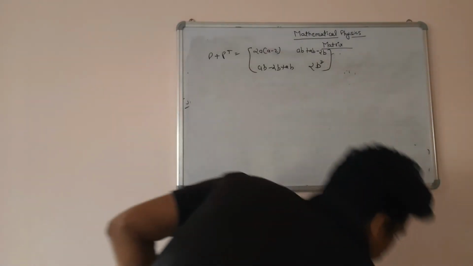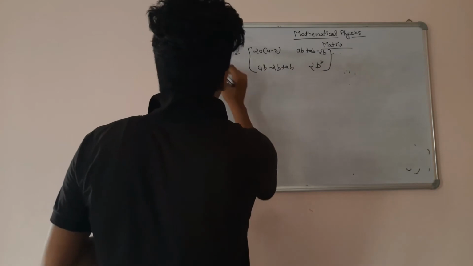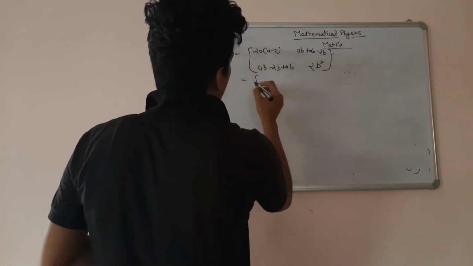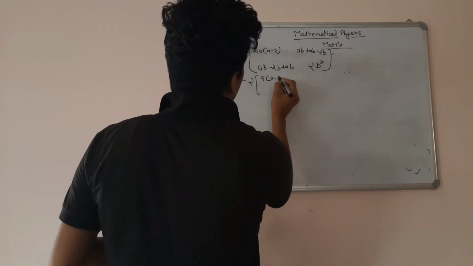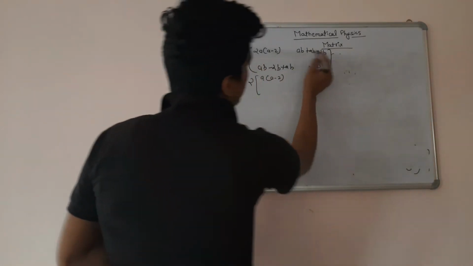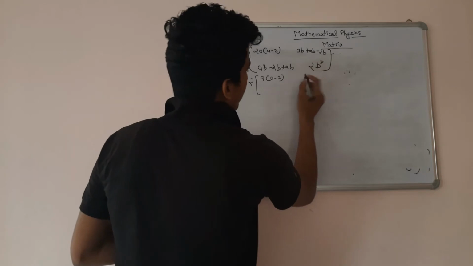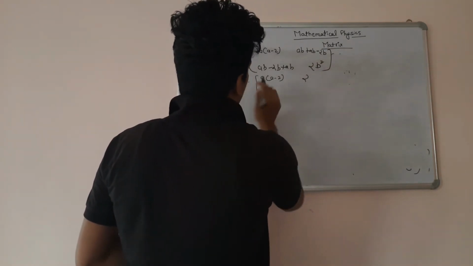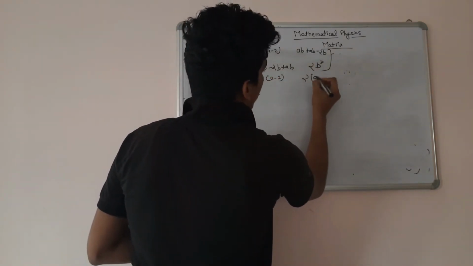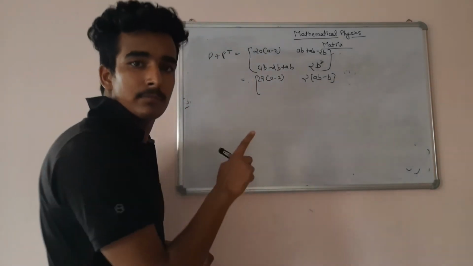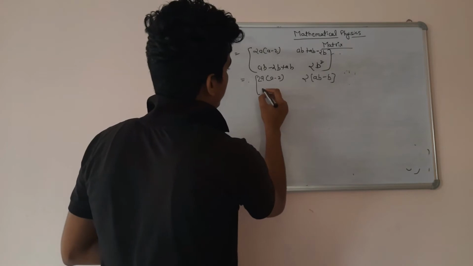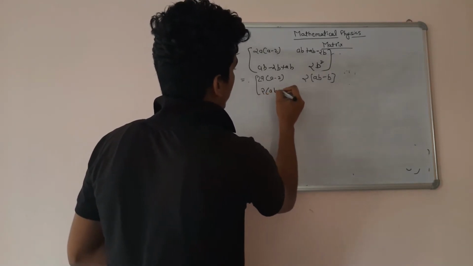Now let's simplify it. P plus P transpose: let me take 2 common, then it becomes A minus 2. This becomes 2AB minus 2. So if I take 2 here, this becomes AB minus B. Clear? And this also becomes 2 AB minus B.